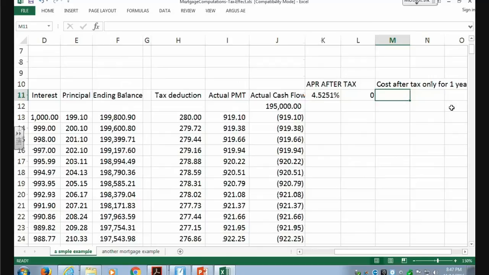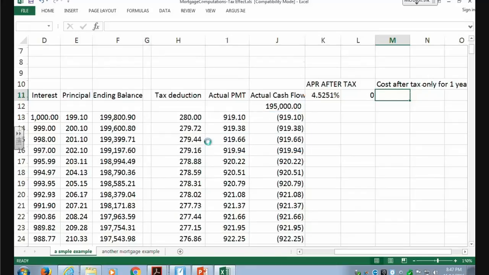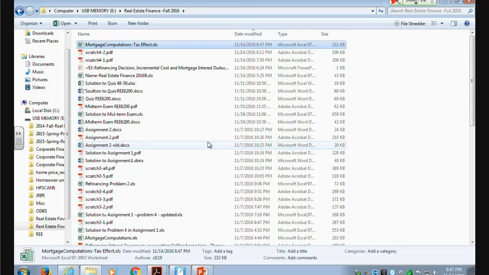So you will see holding for 1 year, the cash flow, and the IRR. Okay, so I'm done with the new material and then I will talk about the solution to assignment 2.